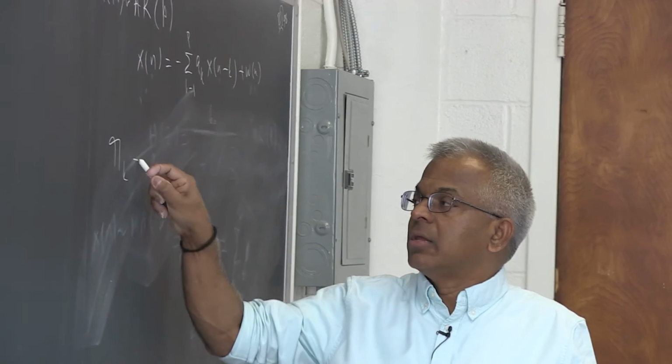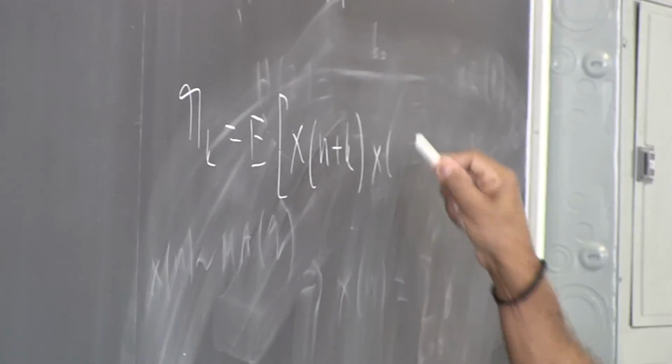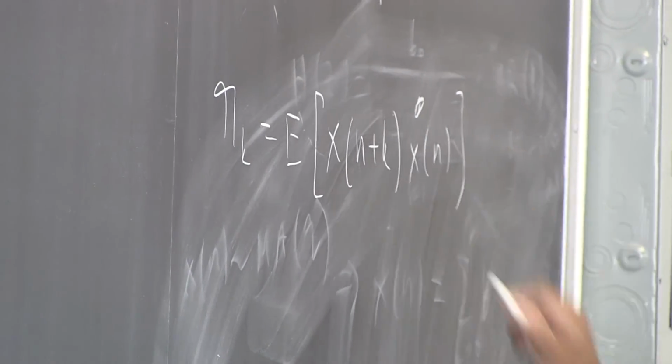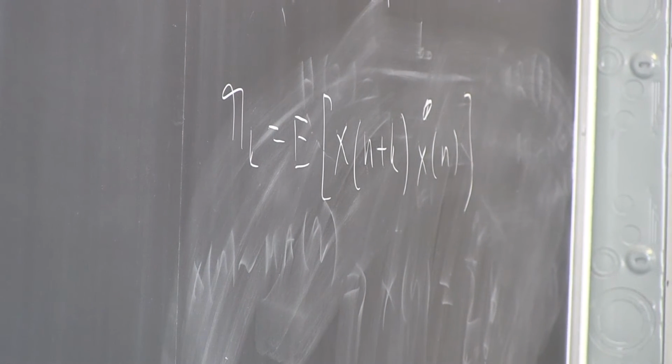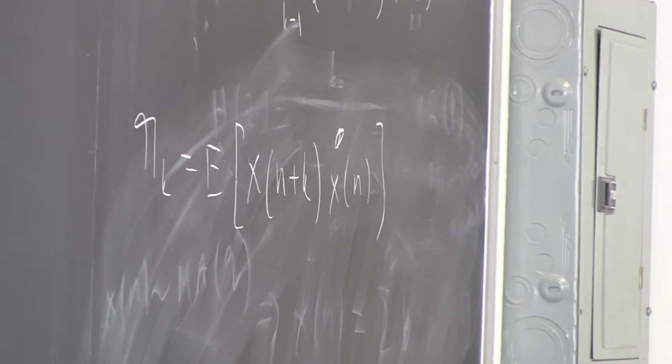So R_k will be the expected value of x_{n+k} times x_n star.